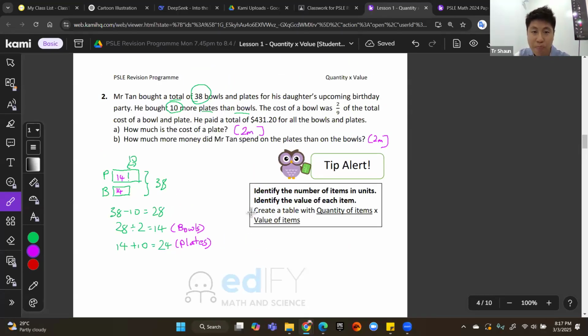Let's carry on. The cost of the bowls was 2/9 of the total cost of the bowls and plates. This is one of the classic examples where they force people to fall into that trap. Bowls is 2 units.